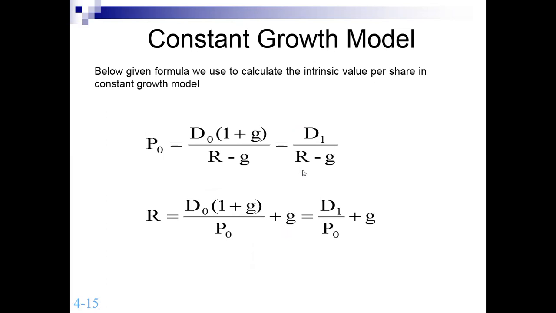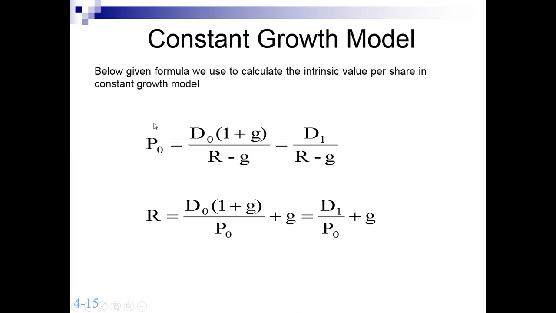This is a constant growth model. It seems difficult and somehow tricky as compared to the previous one, but you can simply understand it if you have a basic mathematical understanding that in case of constant growth model, P naught, the price, is depending on D1 divided by investor required return minus growth.